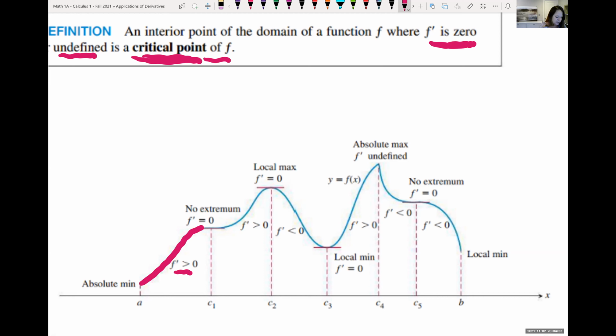So our derivative is greater than 0. It levels out, our derivative is 0, but then it starts to increase again. So again, our derivative is greater than 0. We have again a maximum value. Or we have our derivative equal to 0.